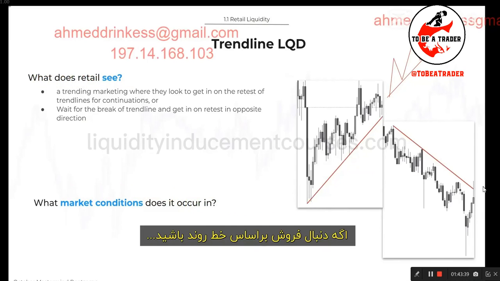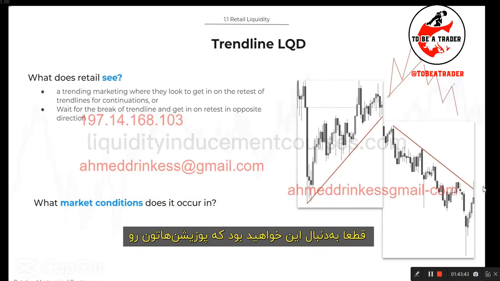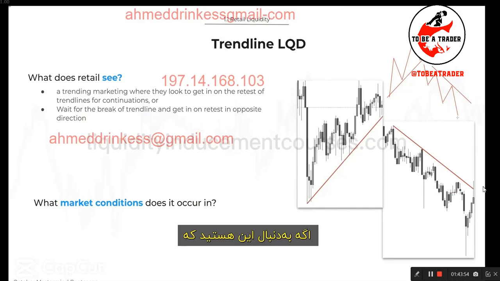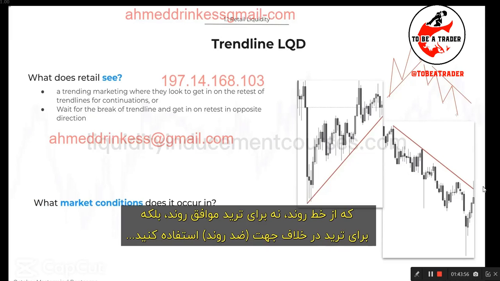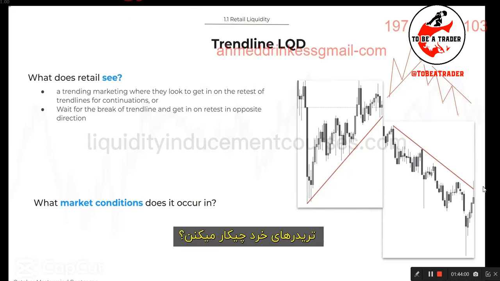If you're looking to sell off a trend line, if you're in a bearish trend, you're obviously going to be looking to take your position off of the next trend line mitigation or the next trend line retest. On the opposite end, if you're looking to use a trend line not for a trending market, but for a counter trend, retail traders do what?